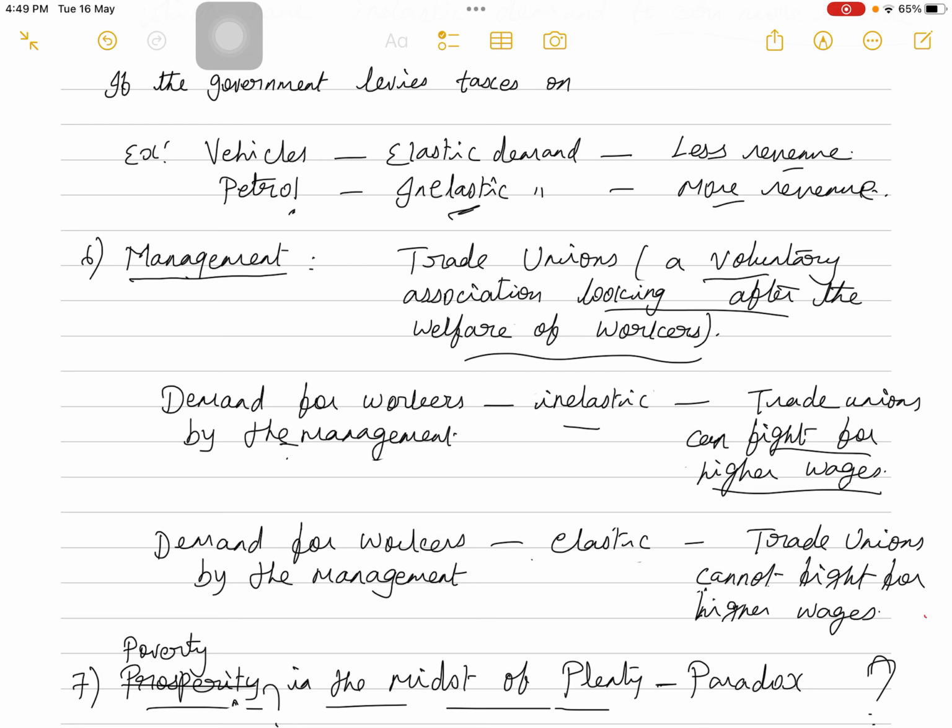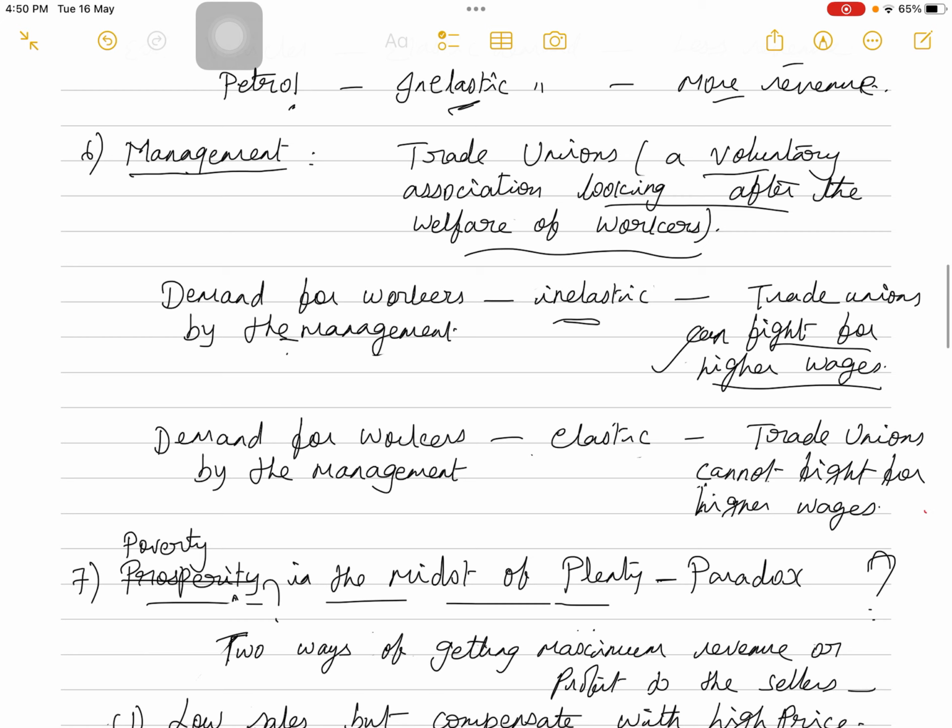That is inelastic demand. In that case, the trade unions can fight for higher wages and be successful, because they know that the management cannot find this kind of workers anywhere else. So the demand for the workers from the management is inelastic, and if the trade unions fight for higher wages, they will be successful.